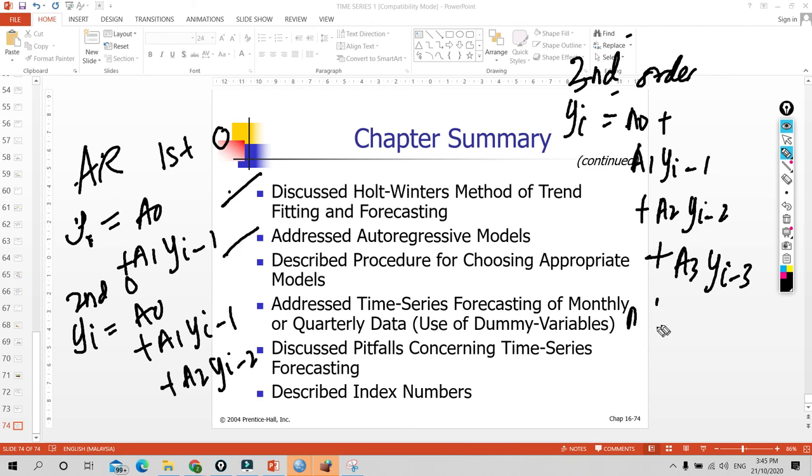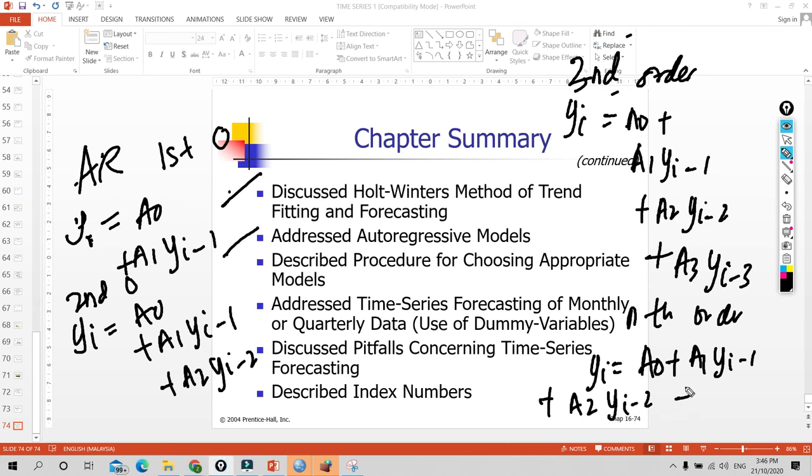So let's say I want to find the nth order: yi equal to a naught plus a1 yi minus 1 plus a2 yi minus 2 plus a3 yi minus 3 plus up to a n yi minus n.